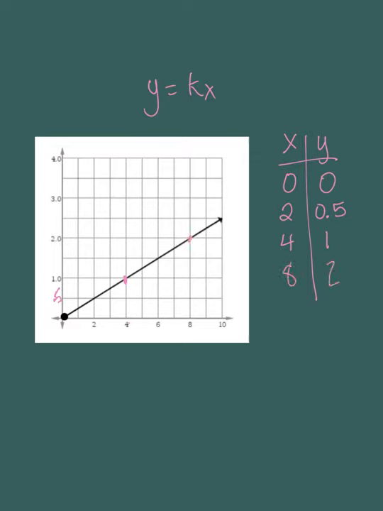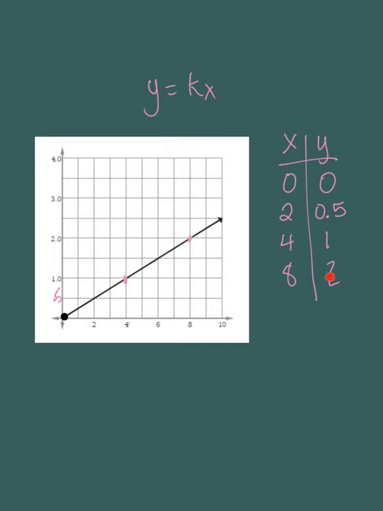So what are we noticing that's happening? It's multiplicative. So what I need to know is, what am I multiplying x by to get to y? Now notice that it's getting smaller. Well, that means I'm multiplying by a fraction. What could I say? Because I can tell you're probably going, you're dividing by 4.